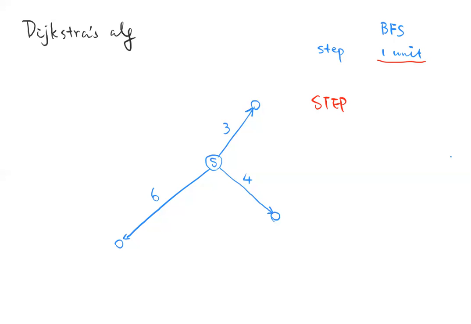So here one step is 3 units in this particular case. So these are distance 3. Here is 3, here is 3. So we do BFS in this way.